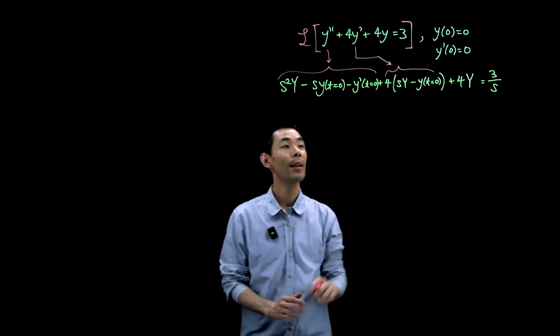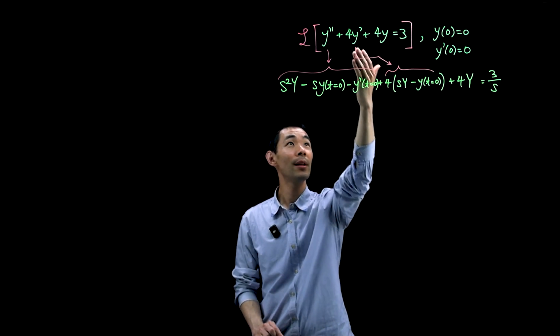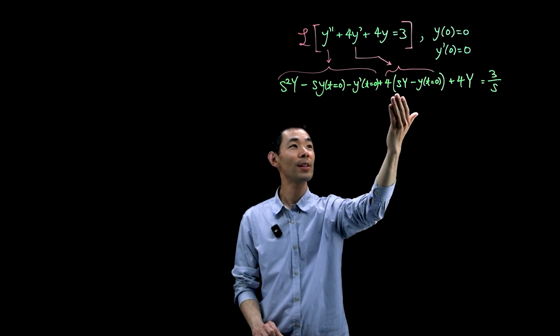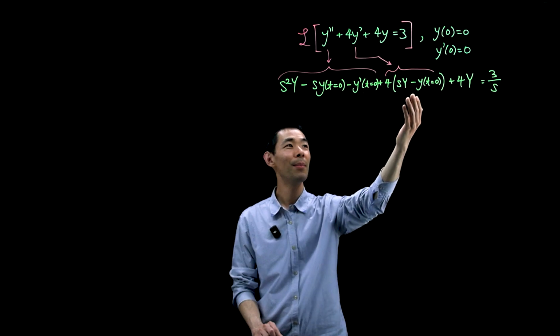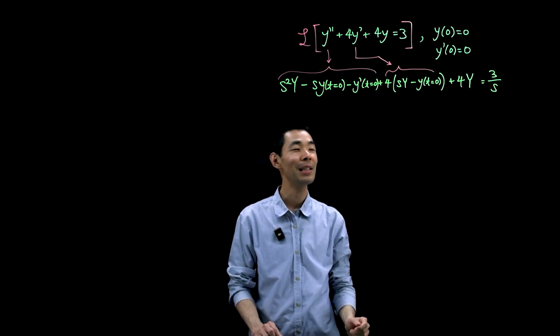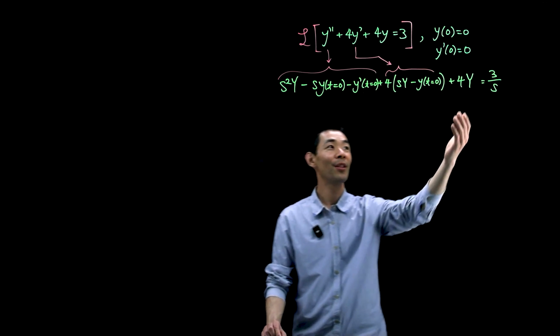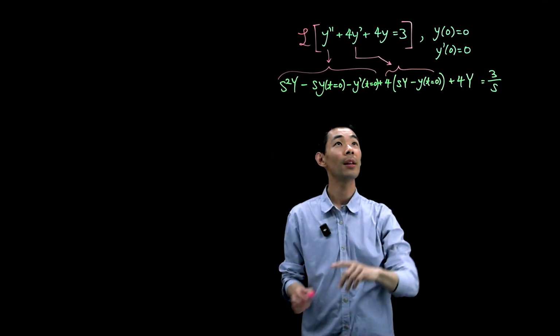Second term, that's the Laplace transform of 4 times the first derivative of y, which is s times capital Y, the Laplace variable capital Y, minus the initial condition, the function you want, y, evaluated at time t equals 0. The third term, this one's pretty easy. This one's just 4 times the Laplace transform.